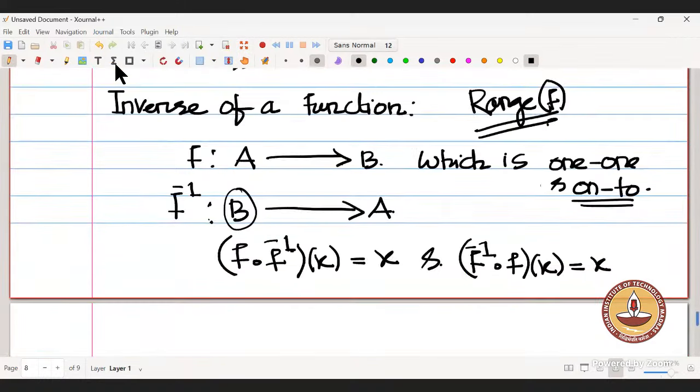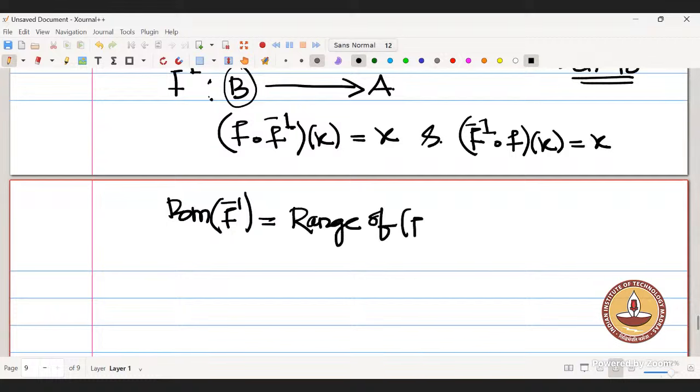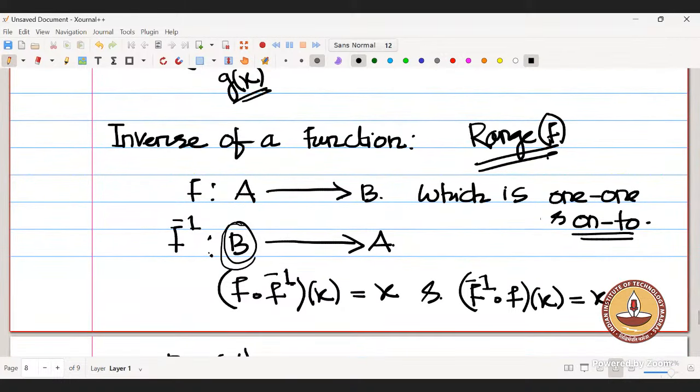You know the domain of F inverse is basically the range of F, right? So if you want to write B here, then you are basically saying this F is surjective. Only then can you write B here.